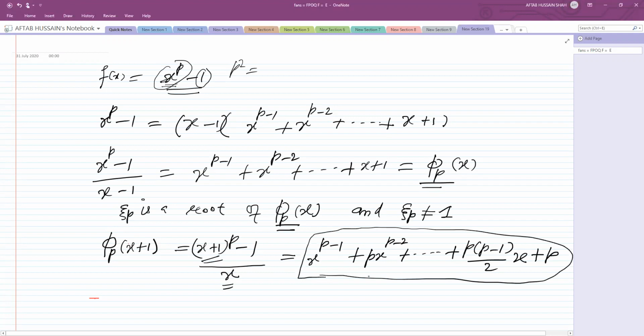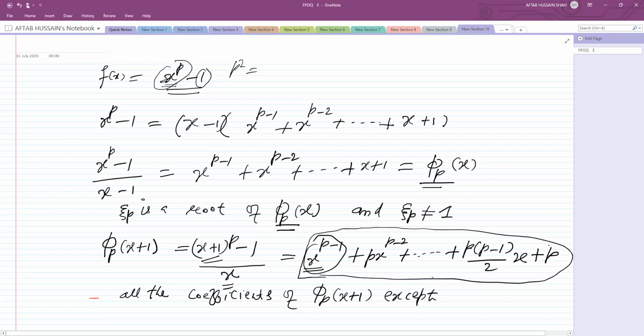Now you can apply Eisenstein's criteria to this polynomial because you have a prime p which is appearing in every coefficient except the first coefficient. So all the coefficients of phi p of x plus 1 except the first are divisible by p.